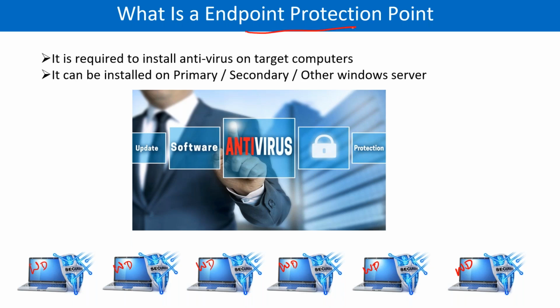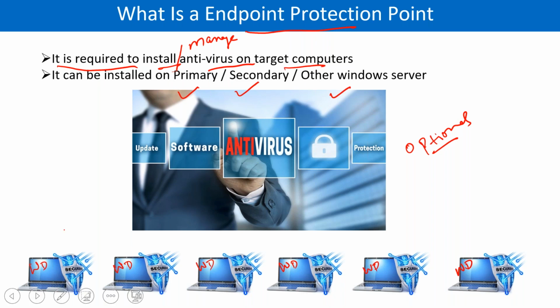This is the role for that, endpoint protection point role, and it is required to install and manage antivirus on target machines. It is an optional role, guys. And where will you install? You can install this on primary site, secondary site, or any other Windows server.